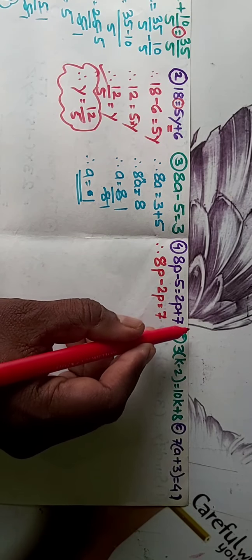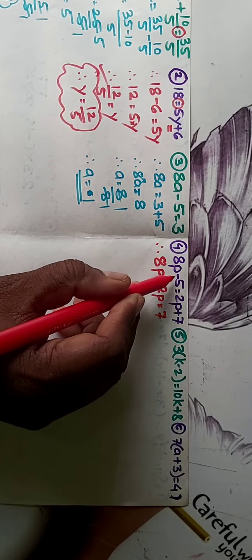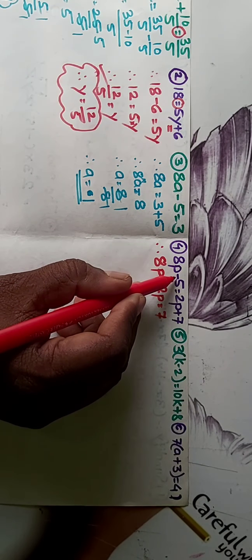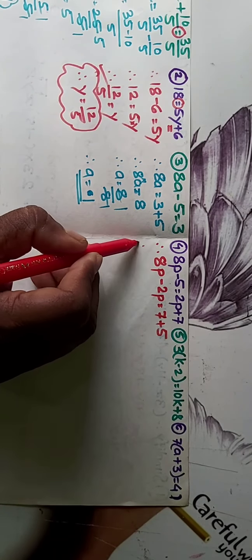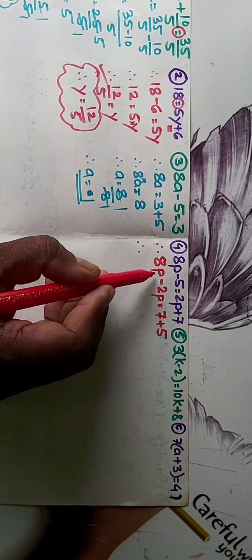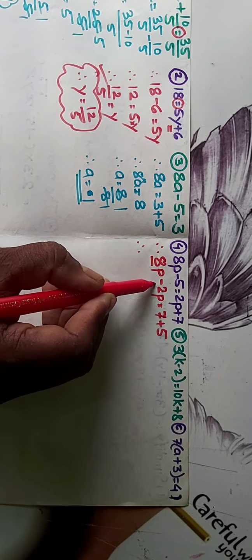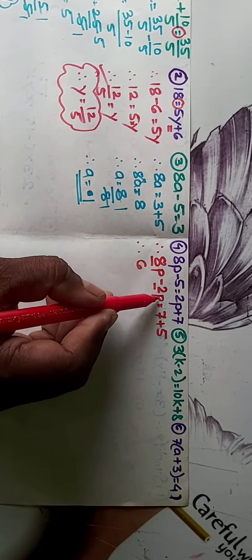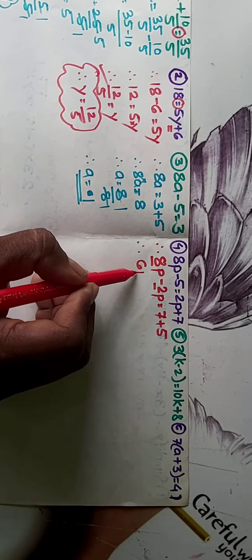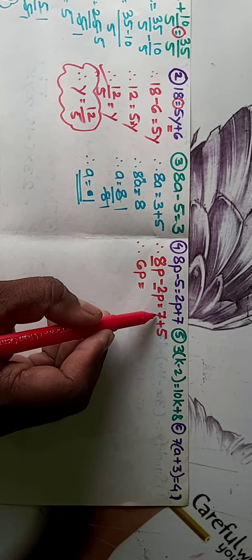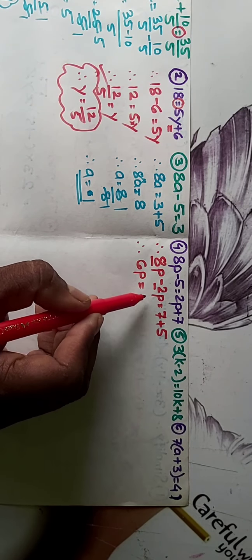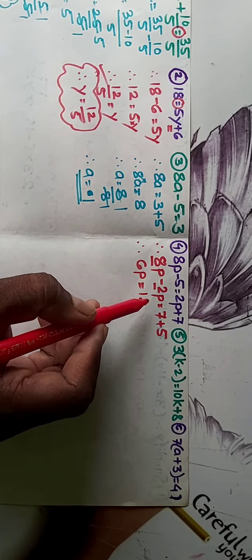Here minus 5 transposing to the other side of the equal to sign becomes plus 5. Therefore 8p minus 2p, so 8 minus 2 is 6, and p, here the subtraction sign means one time we have to take the p, so 6p is equal to 7 plus 5, that is 12.